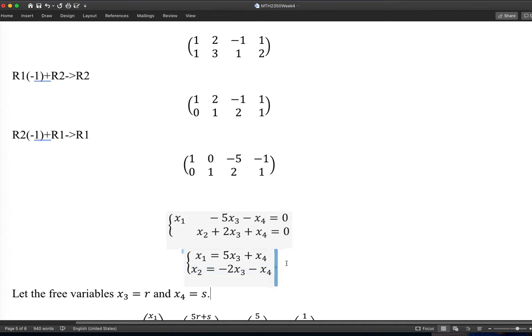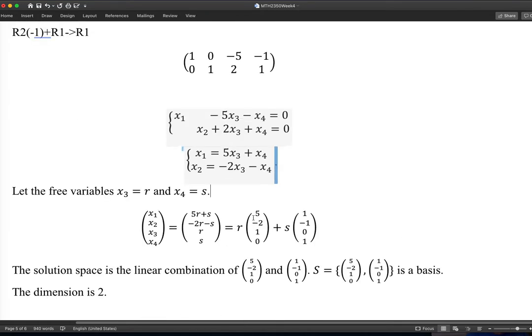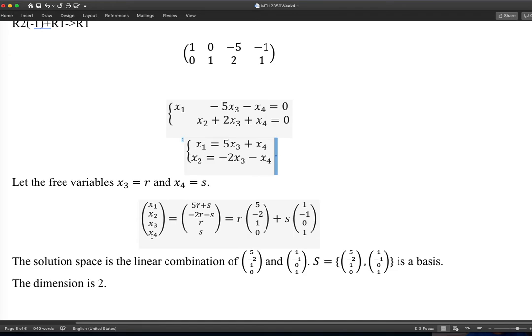And x3, x4 are 2 free variables. Let's put it in a more formal way. I consider x1, x2, x3, x4, a 4-dimensional vector, with x1 and x2 as we just found, and x3, x4 free variables.